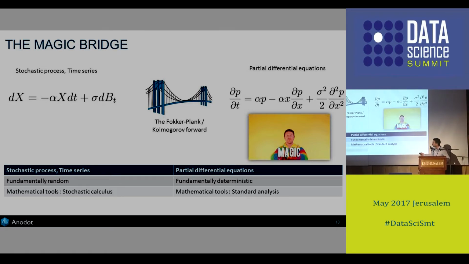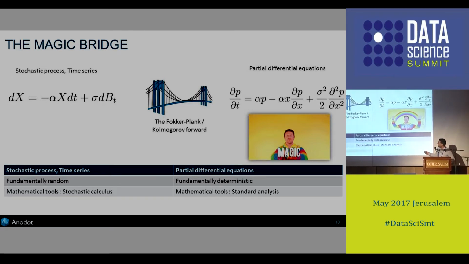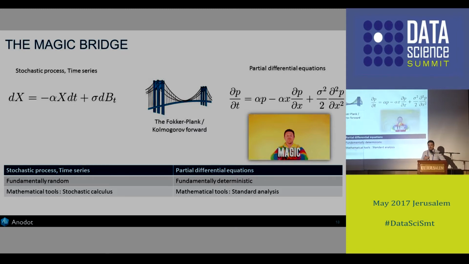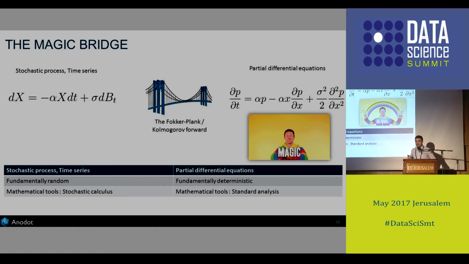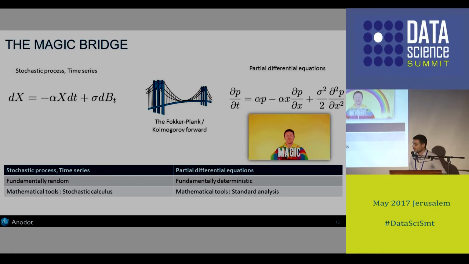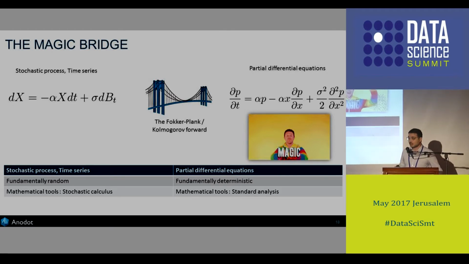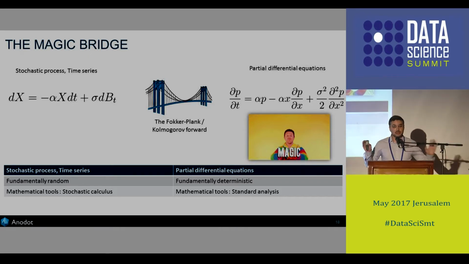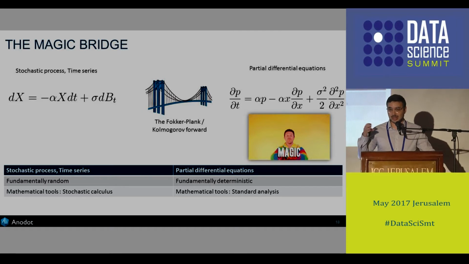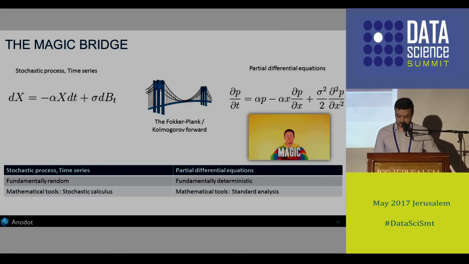The second magic trick is that here there is a random part, as we discussed before, and here there is no random part. So in fact we transform something which is fundamentally random into something fundamentally deterministic. This is a huge trick that will improve the performance of the computation. And in fact we are connecting two different areas of mathematics. We will see how this very high mathematics will help us in the real world.